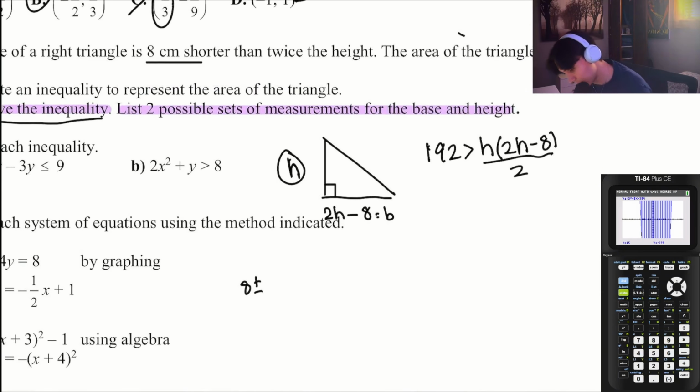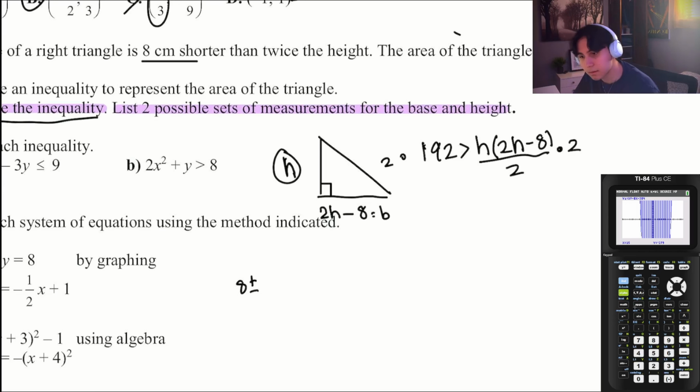So let's go in here and multiply both sides by 2. They're going to get 384. Cool.